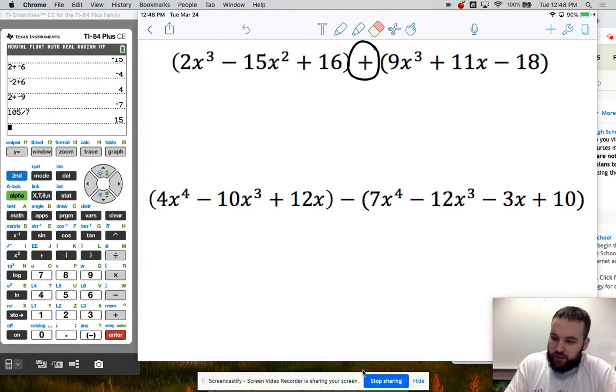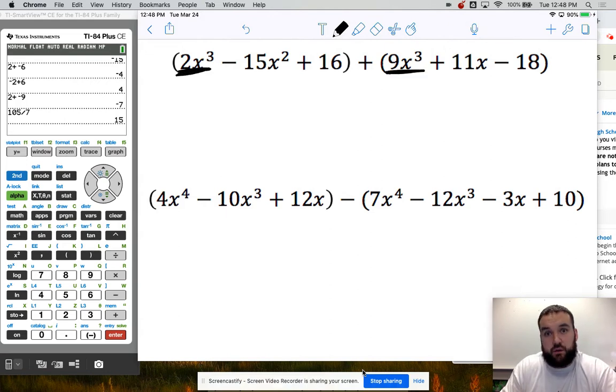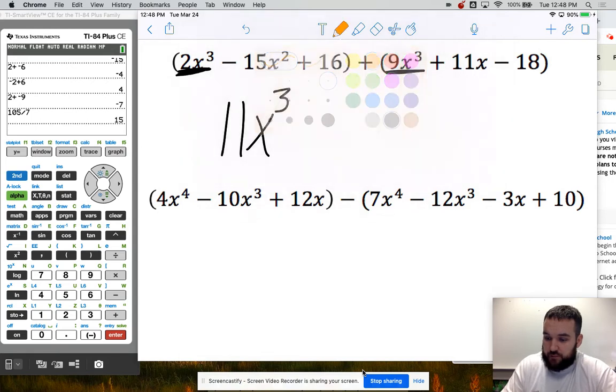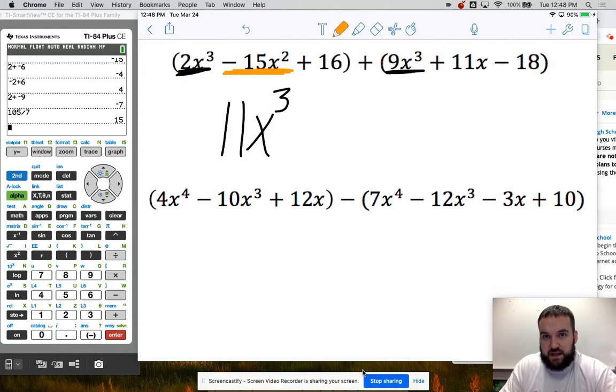Adding polynomials basically just means we're combining like terms. Here I have 2x to the third, and I'm going to add another 9x to the third, which would be 11. 9 plus 2 is 11. But when I'm adding, I don't change the exponents. I keep that the same. My next highest power is negative 15x squared.